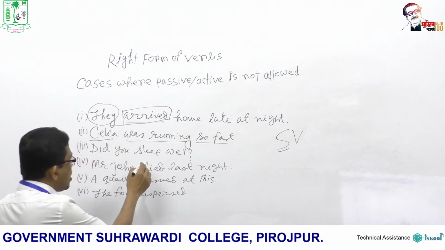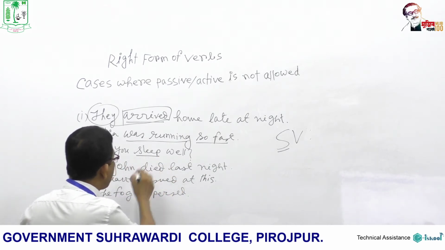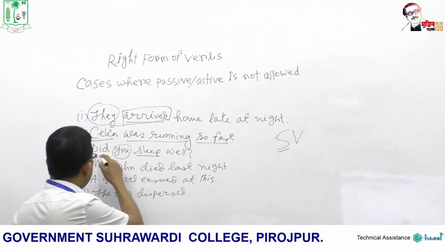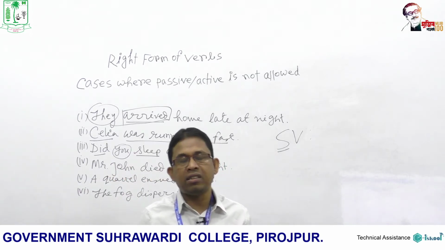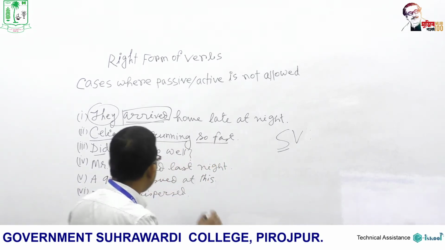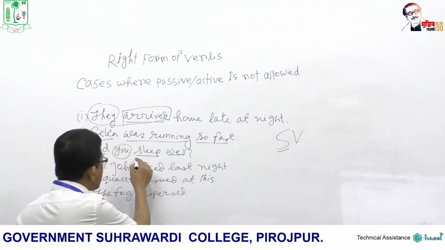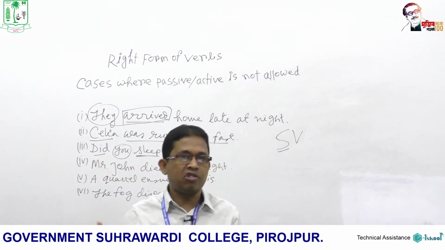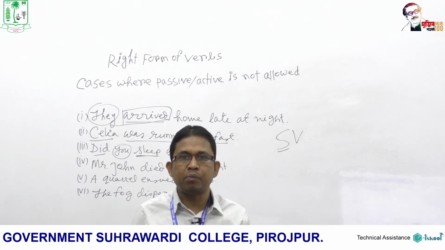Anyway, did you sleep well? This is an interrogative sentence. Sleep is the verb here and there is no object. Did you is the subject, and we have used this dummy auxiliary just to make the interrogative sentence. And well is not an object. So, sleep is an intransitive verb as it doesn't take an object, and it cannot be used in passive.